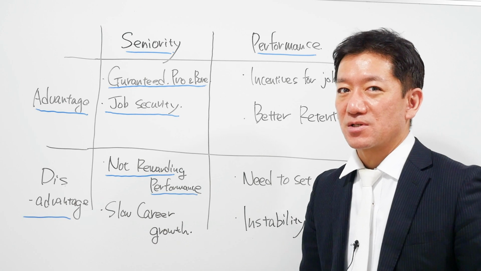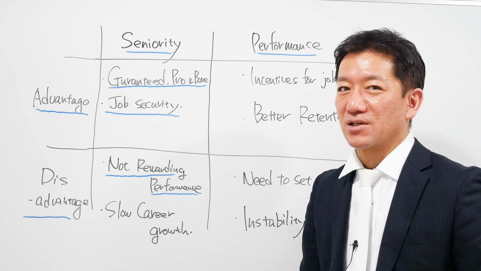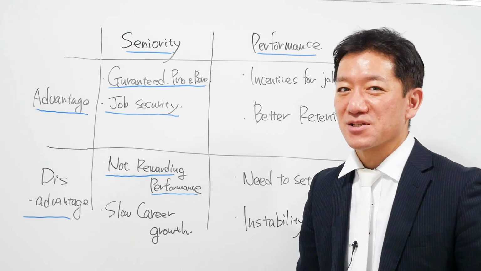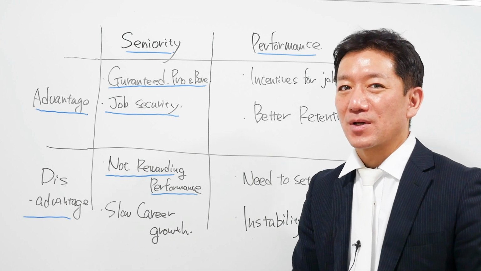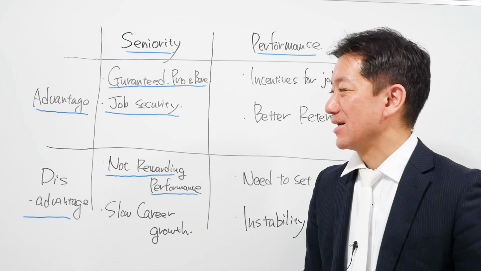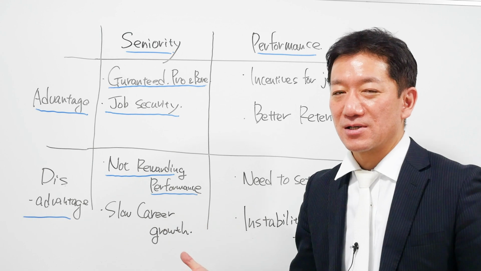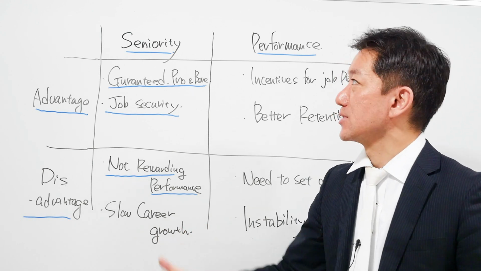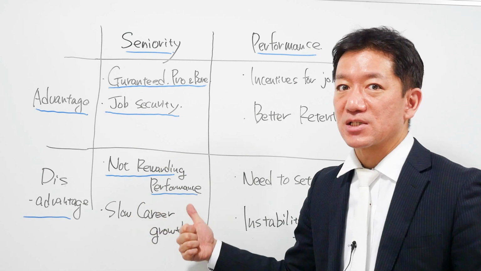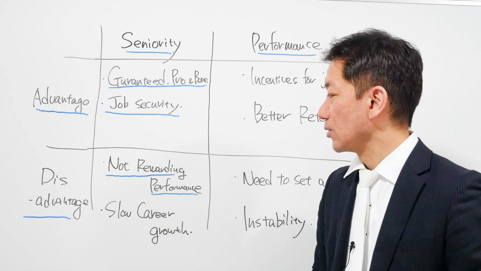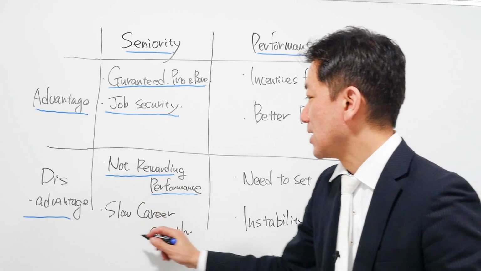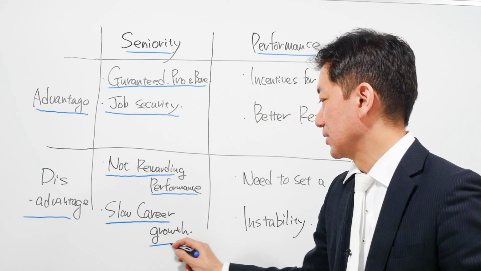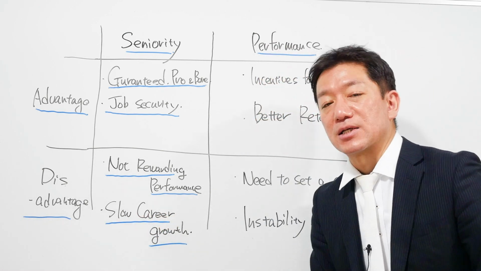Maybe your senior is not really good at working, but you perform better. But as long as he's your senior, he's promoted and gets benefits first, right? So this is a big disadvantage of the seniority-based system, not rewarding performance, and also slow career growth. I think you get it.